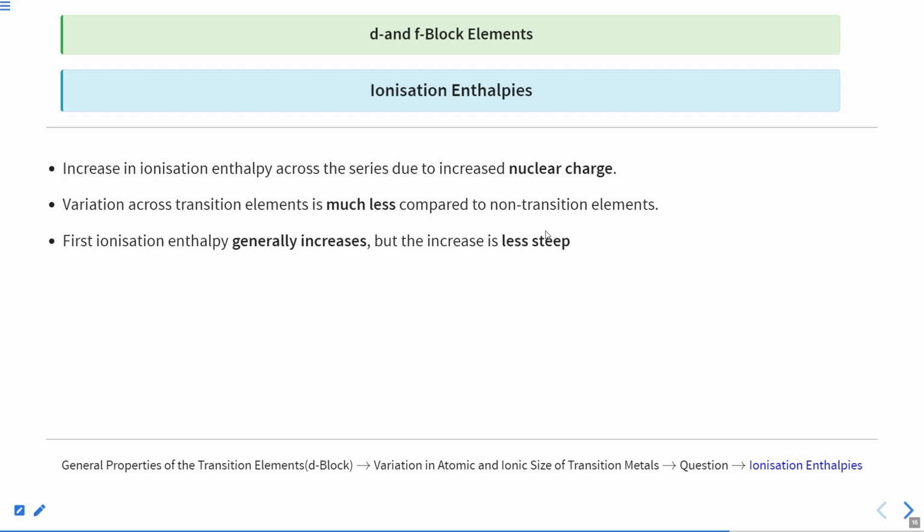If you move from left to right in the case of s block elements, you will see that the ionization enthalpy varies more. But in the case of d orbitals, it does not vary by that much, and the reason is obvious. Due to the d orbital involvement, these electrons can be removed easily. The first ionization enthalpy generally increases, but the increase is less steep.